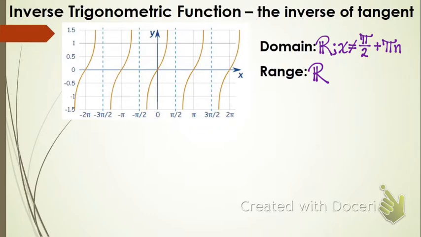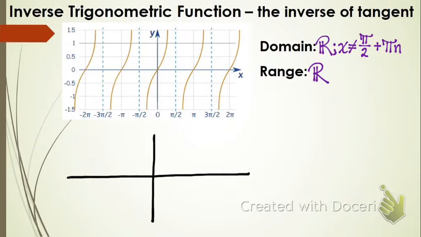All right, so I want to imagine if I were to just take tangent as it is and have the inverse, what would it look like? Yeah, it's going to reflect it over the line y equals x.